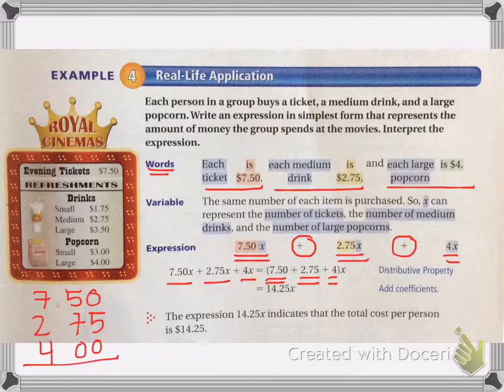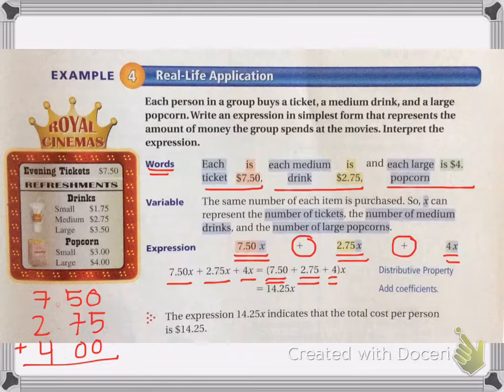Let's add zeros for placeholders. And remember, when we add decimals, class, you line them up. Notice that all my ones are in the ones place, all my tenths are in the tenths place, and all my hundredths are in the hundredths place. Please be careful. Okay, and I'm adding these.